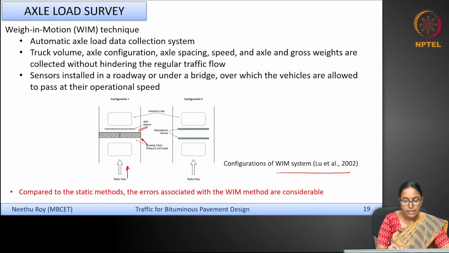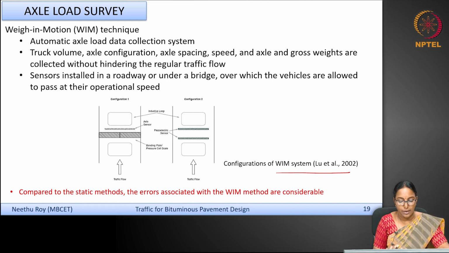There are also piezoelectric sensors, where two or more piezoelectric sensors are arranged. So, these are the different configurations you can have for weigh in motion measurement of axle loads.